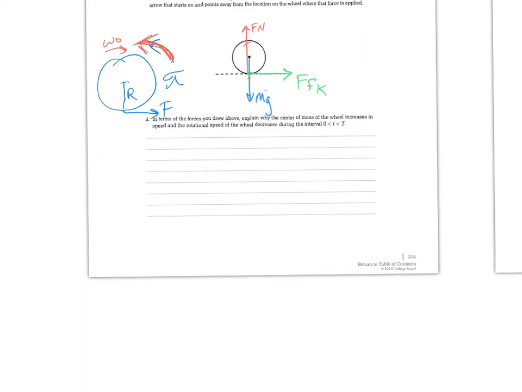So that force is providing a torque that's counteracting the angular velocity of the wheel, so it's doing both things. It's helping speed up the center of mass to the right, but it's also slowing down the rotational speed of the wheel as it goes. And that's all about conservation of energy. If that force is going to help speed up one part of it, it's got to slow down another part of it. We can't get energy from nothing.